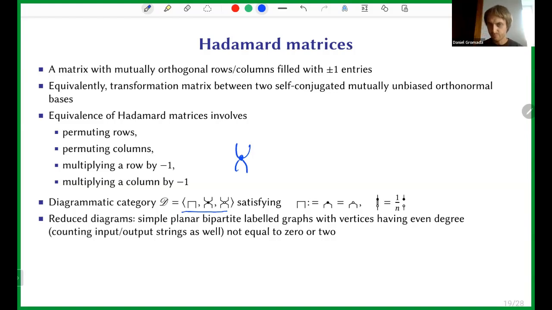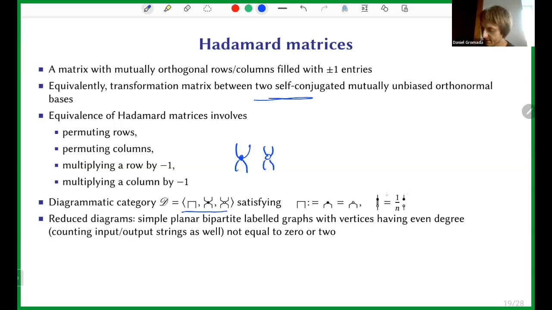That's making this category a bit smaller, but you have two kinds of spiders. And those two kinds of spiders somewhat stand for these two bases. So this is like Kronecker delta in one basis, and this is like Kronecker delta in the other basis.